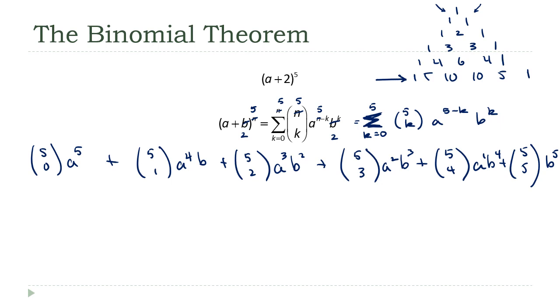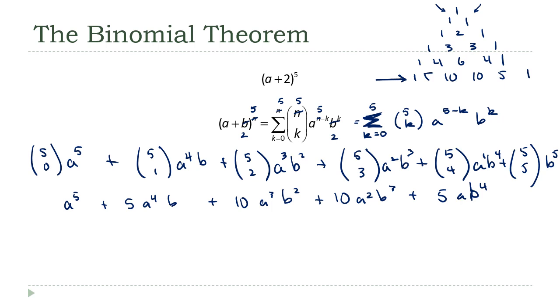You're welcome to work out all of these combinations if you like, but I'm just going to pull the numbers from the triangle. This is 1a to the 5th plus 5a to the 4th b plus 10a cubed b squared plus 10a squared b cubed plus 5ab to the 4th plus 1b to the 5th.